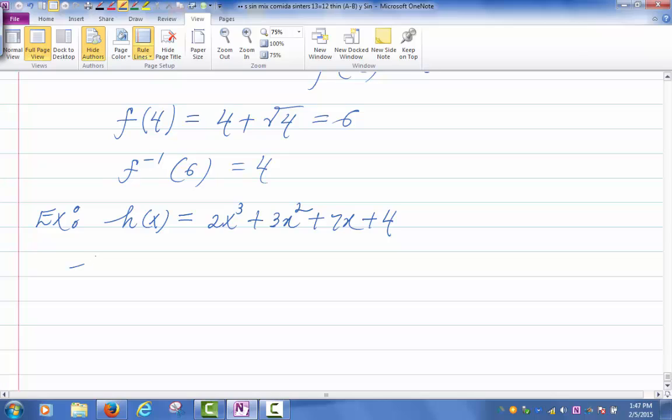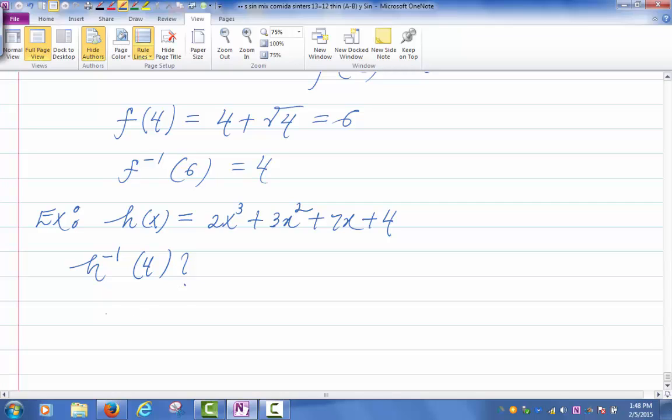And what I have to find in this case is h inverse of 4. So what's h inverse of 4? So once again, h inverse of 4 is a value of x for which h of x is 4.